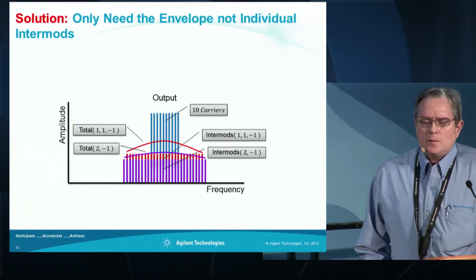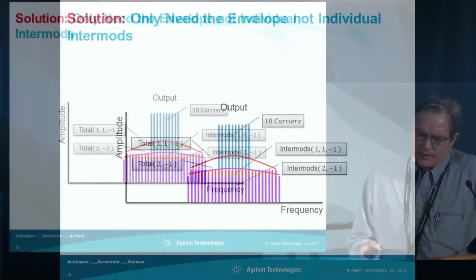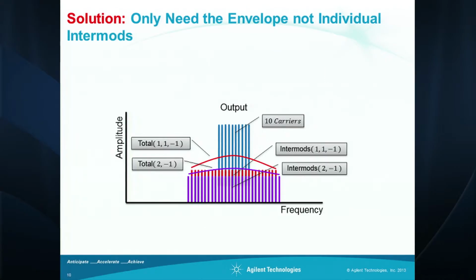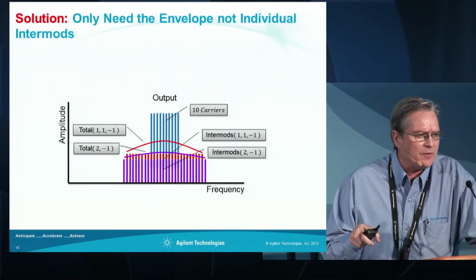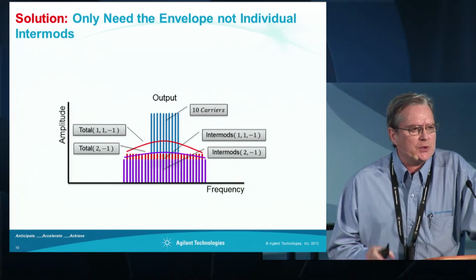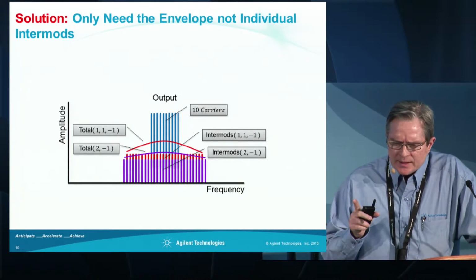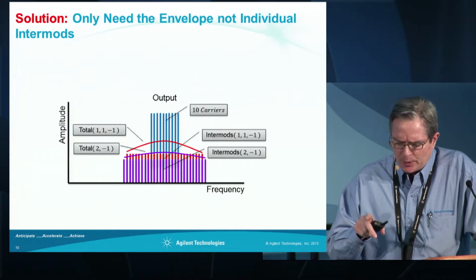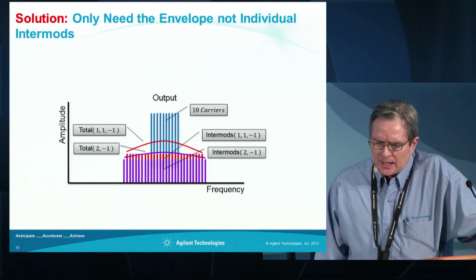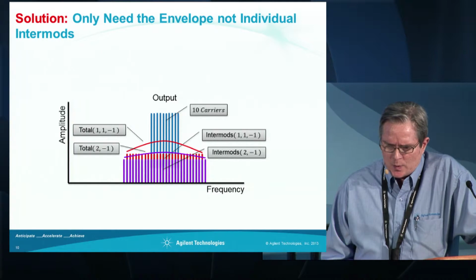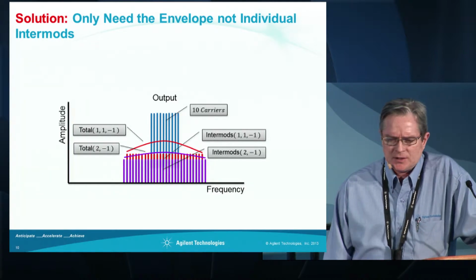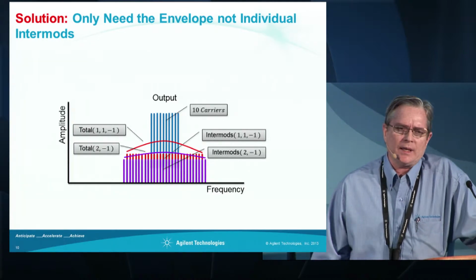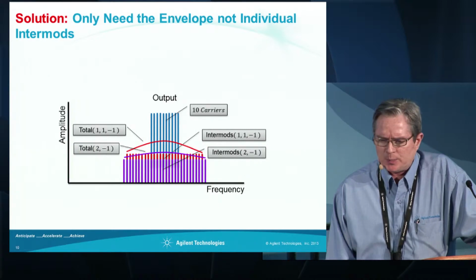This is a simple illustration, and I'll talk a little more about it later. What we see here is 10 carriers, and what we're really interested in is keeping track of the envelopes, not so much the individual intermods. The individual intermods here are shown by the purple and the red lines. The purple ones are the 2x1 products, and the red ones are what is commonly called the composite triple beat.